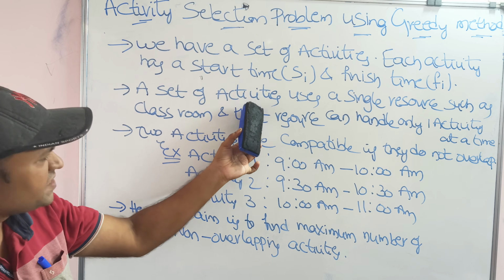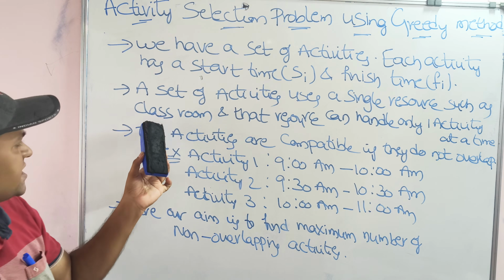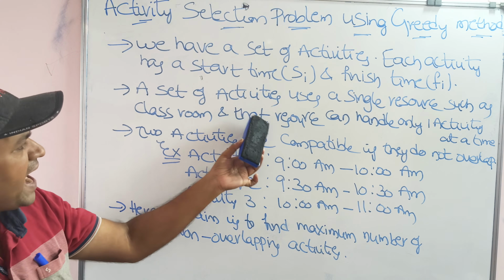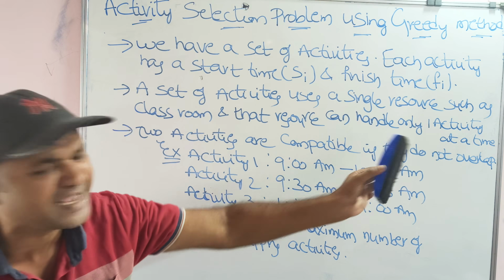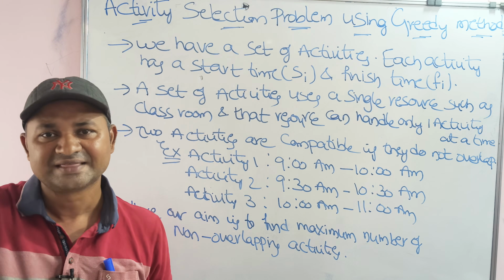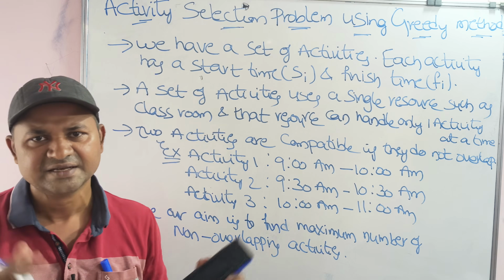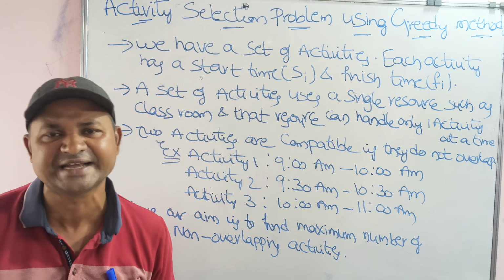A set of activities uses a single resource such as a classroom, and that resource can handle only one activity at a time. So the collection of activities can use only one resource at a time.